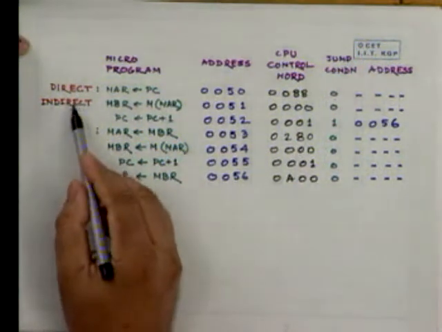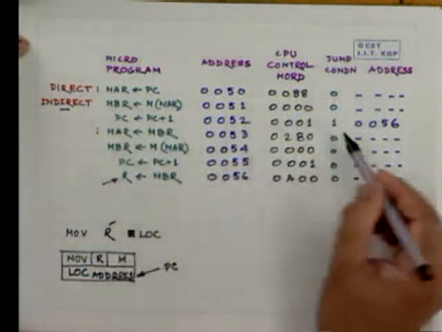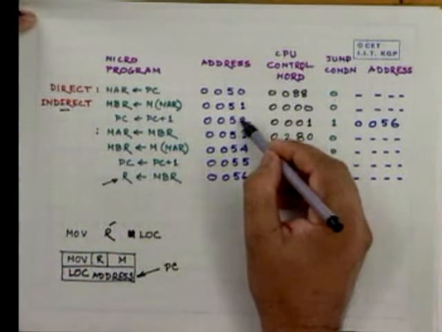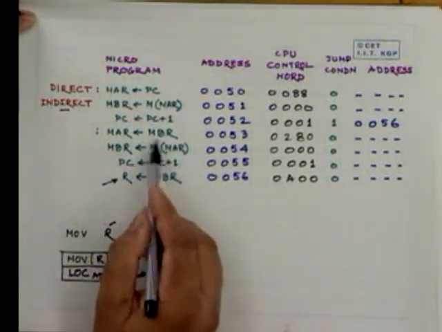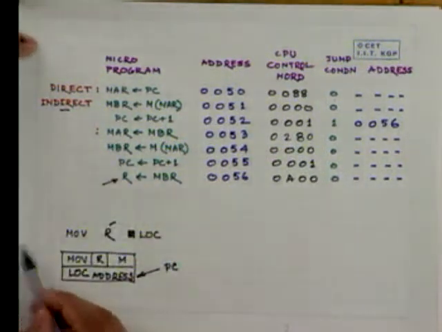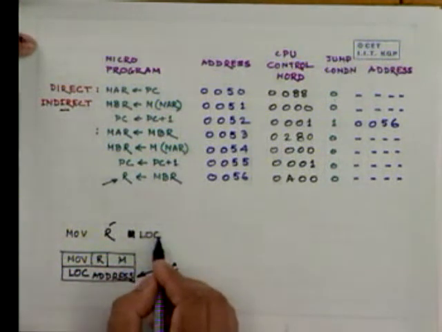But if it is indirect addressing, then instead of jumping from control memory location 52 to control memory location 56, the content of the memory buffer register should go to the memory address register once more. In that case, what we have is basically indirect addressing, right?